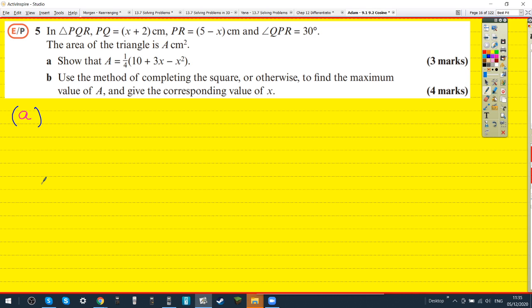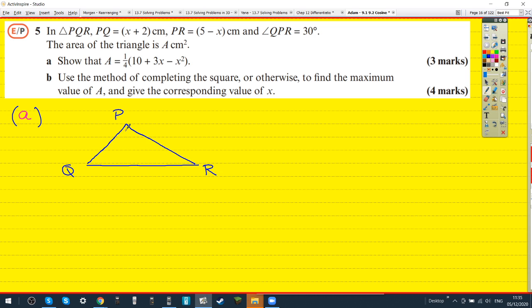So it wants it shown as a quadratic, right? But with a quarter on the outside. Sure, but area. Okay. Would the sine rule work for this? I don't think it would.